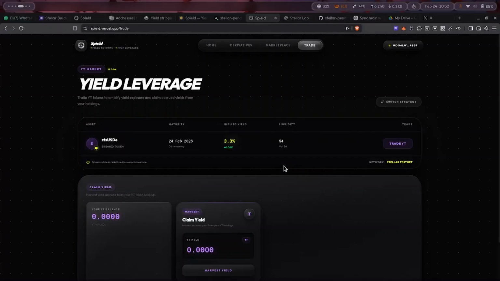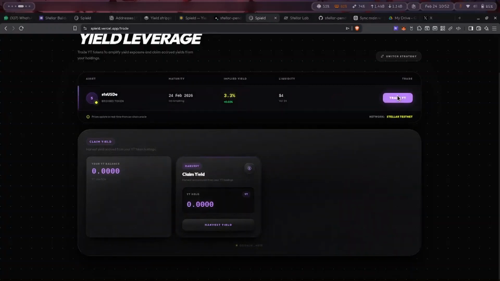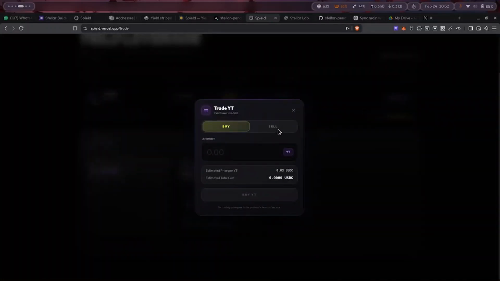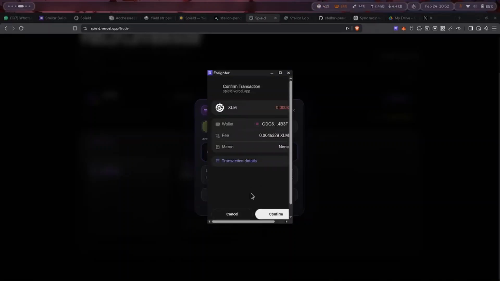Okay, so there are two modes primarily. So the user will only get the features and fields that they need, and they do not need to get confused about anything. They just need to decide they want fixed return or they want to leverage yield and get a leverage on the yield generated. So this makes it very simple for all the users who are interacting with the platform.